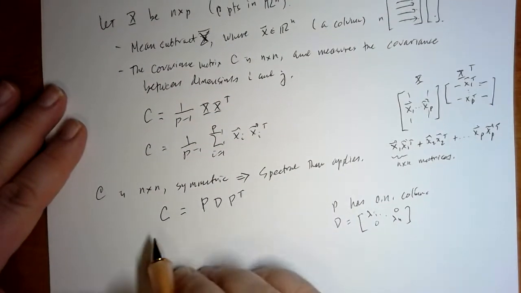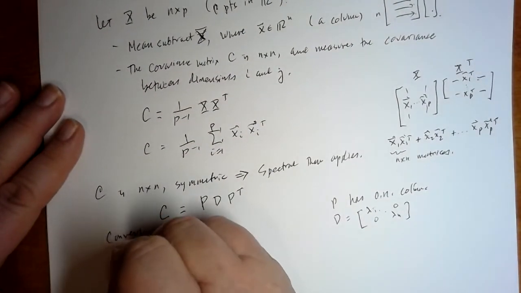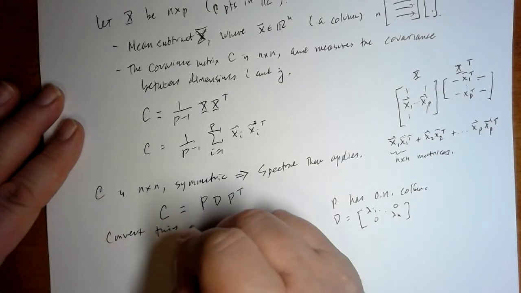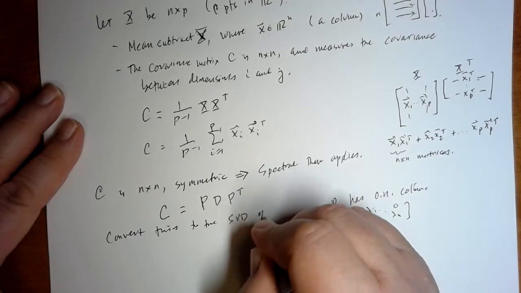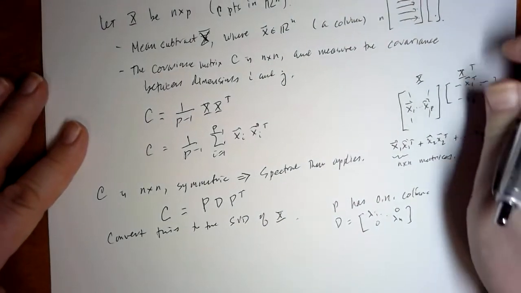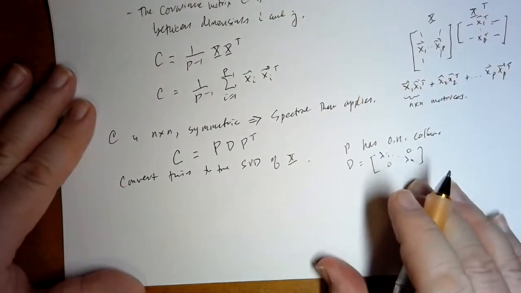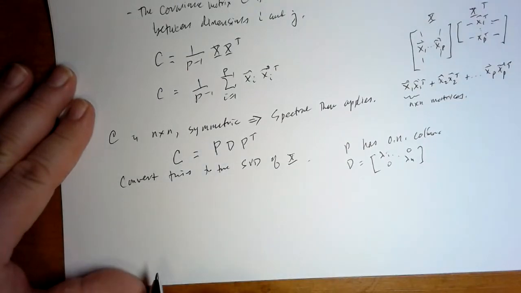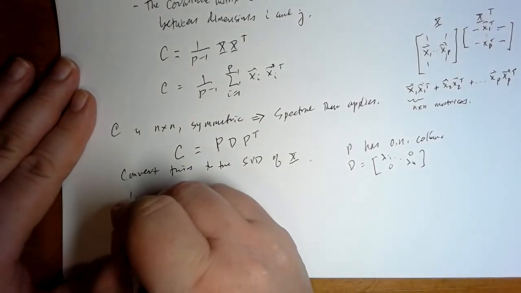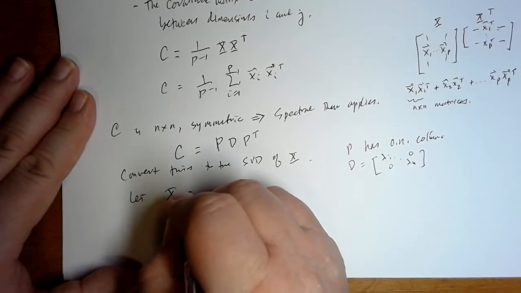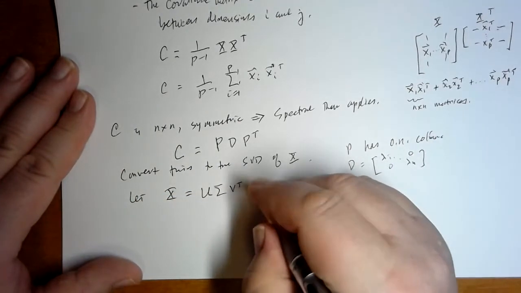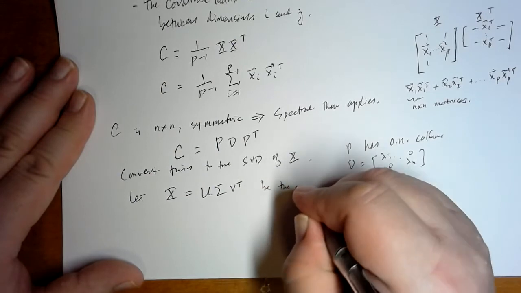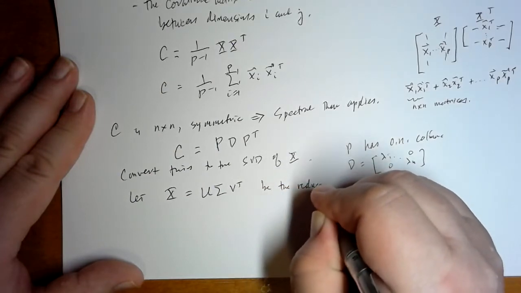So let's convert this to the SVD of X. Let X be U sigma V transpose. I'm going to let this be the reduced SVD.